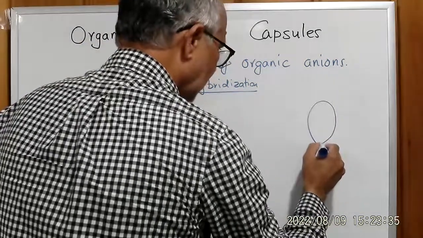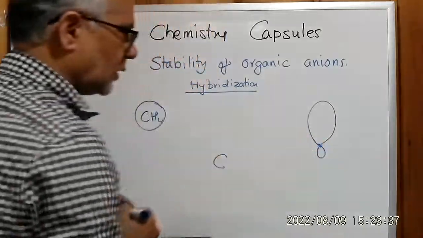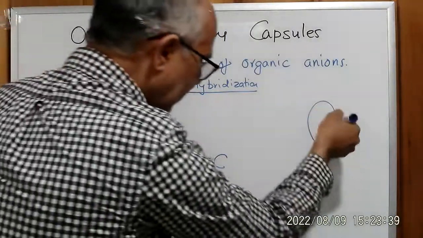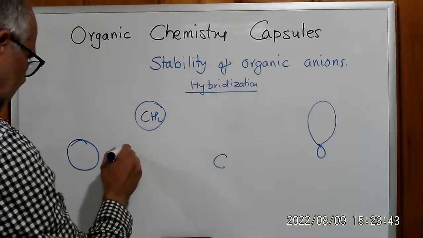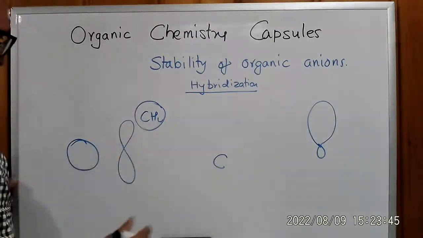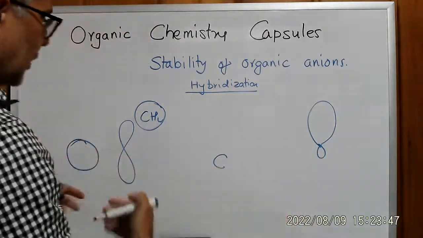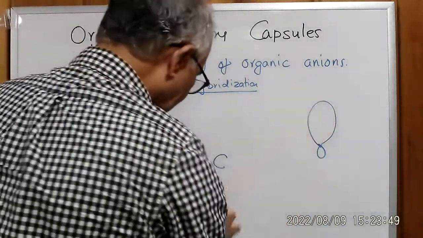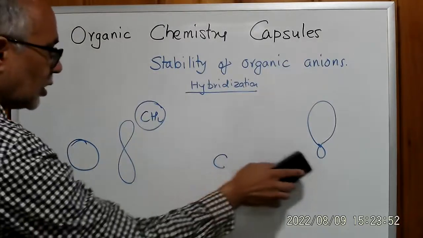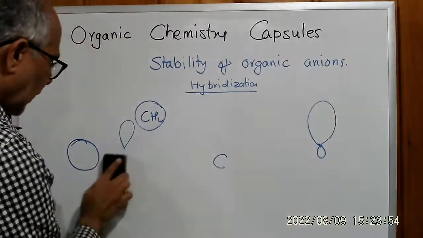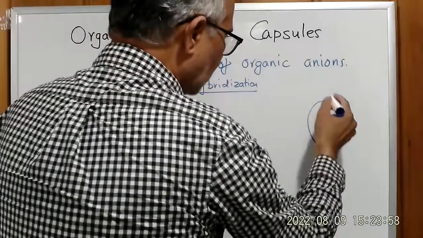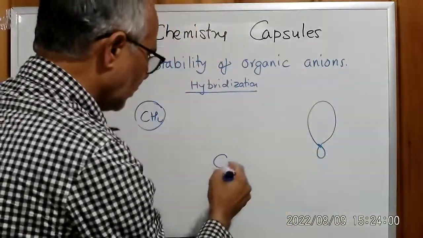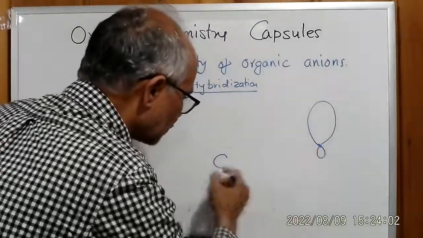On one side you have a larger lobe, on the other side you have a smaller lobe. And how did they form? They formed from the s orbital, which is like this, and then the p orbital is like this. So hybridization is happening, right? In that process the sp3 hybrid orbital looks like this, and you see there's more area on one side, so the bond is much more strengthened.